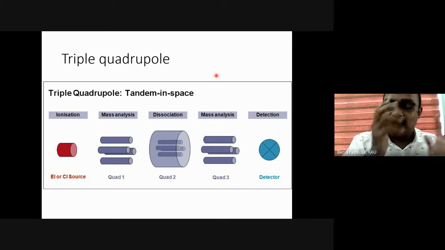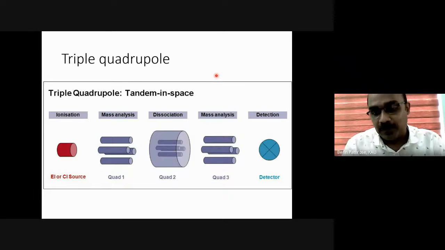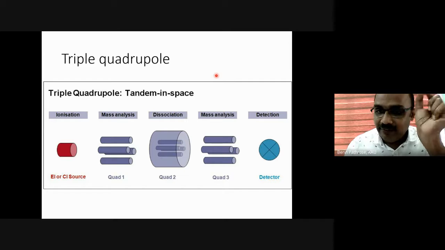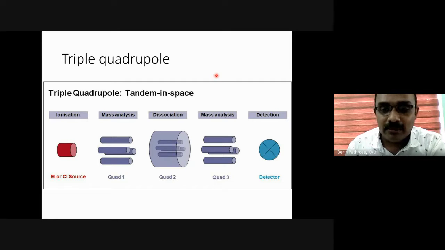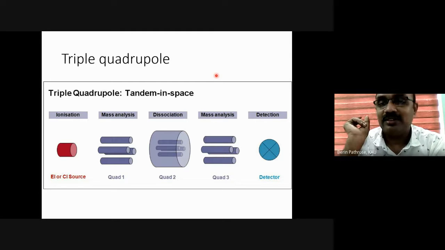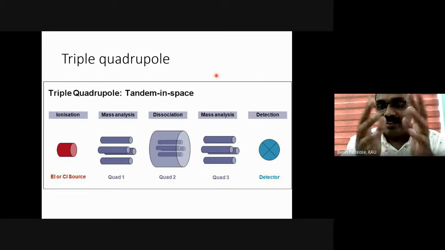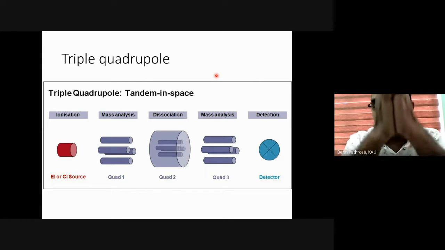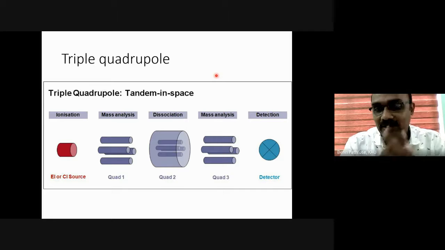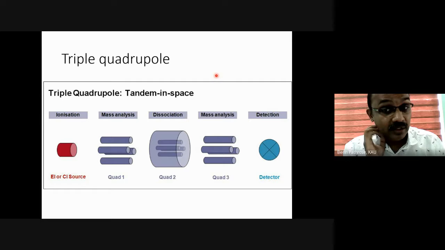After we complete the full scan mode, the computer will give us a report: at this particular mass by charge ratio, we have a molecule of this molecular weight. It will tell us the M by Z ratio of this particular molecule.